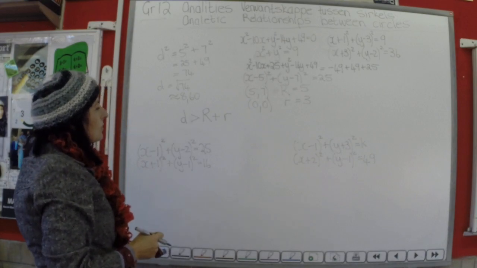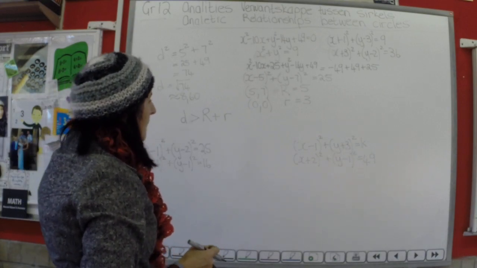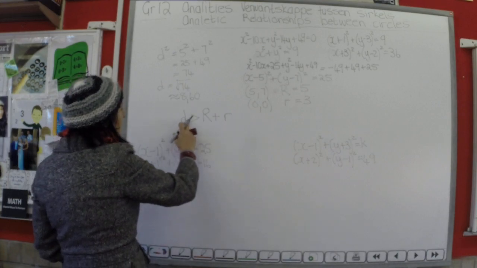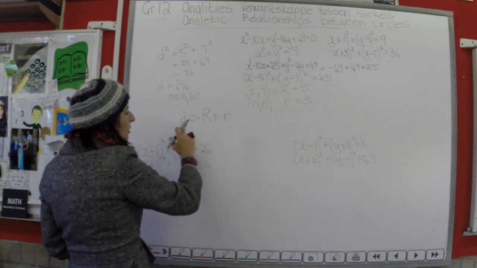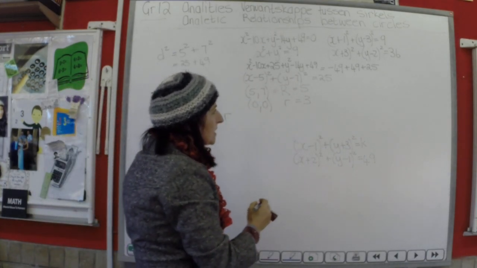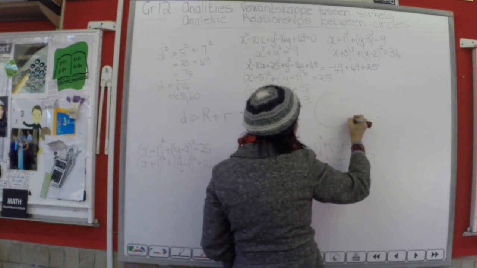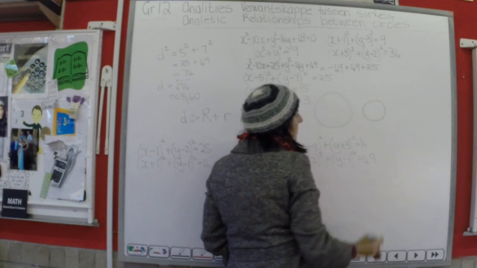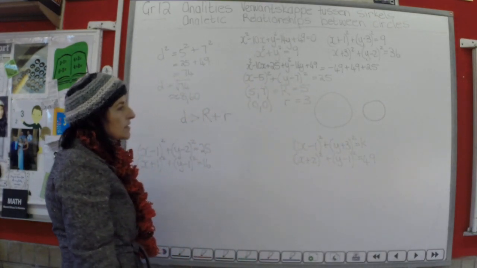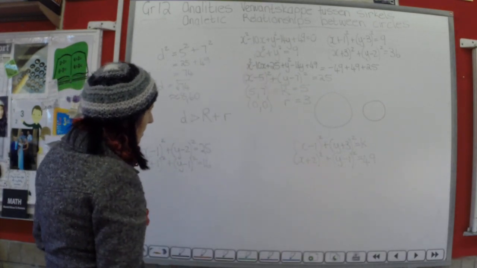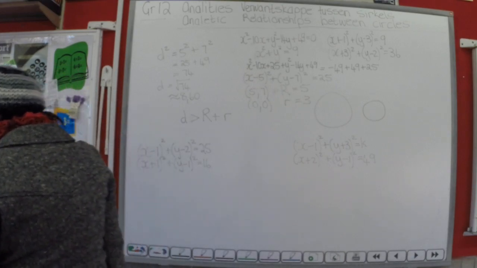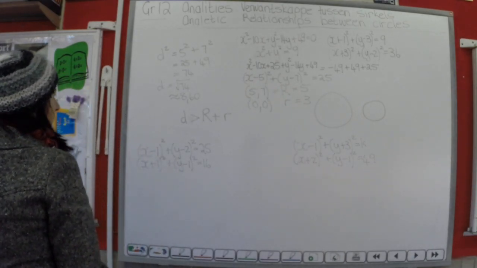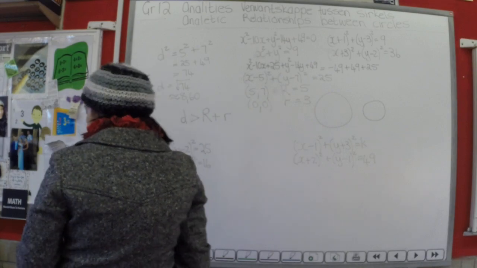Nou as jy na jou leerwerk gaan kyk, dan sal ons sien dat wanneer die afstand tussen die middelpunte groter is as die groot radius plus die klein radius, dan sit ons met hierdie verbandskap. 'n Groot sirkel wat nie raak aan die klein sirkel nie, 'n klein sirkel sit on the outside of the bigger circle. Okay, now let's go to the third example.